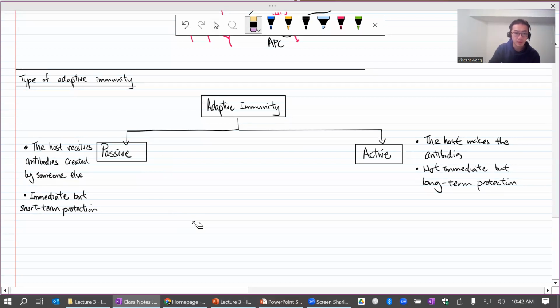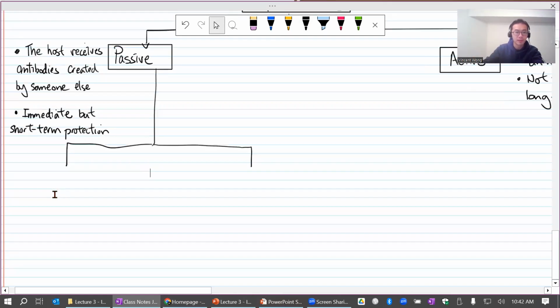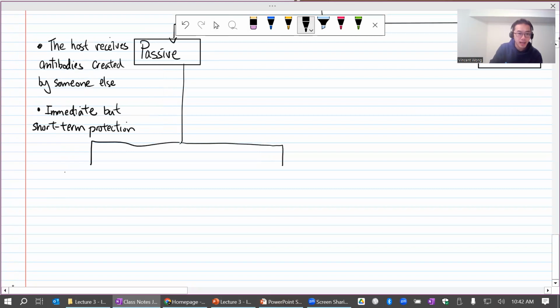Okay. So for passive, we have two. Oh, sorry, I haven't really thought this out. But for passive, we have two types: natural or artificial.